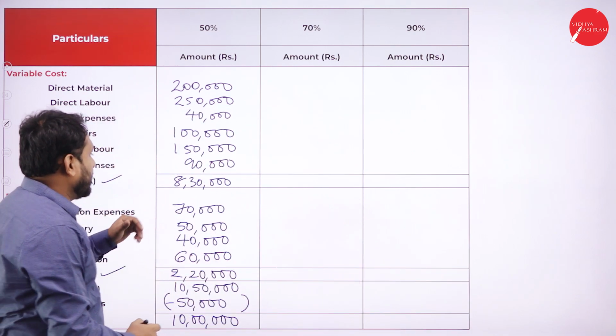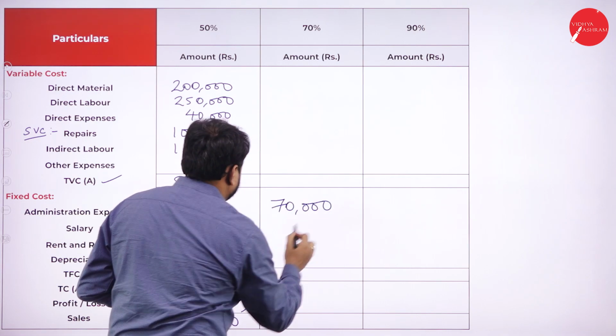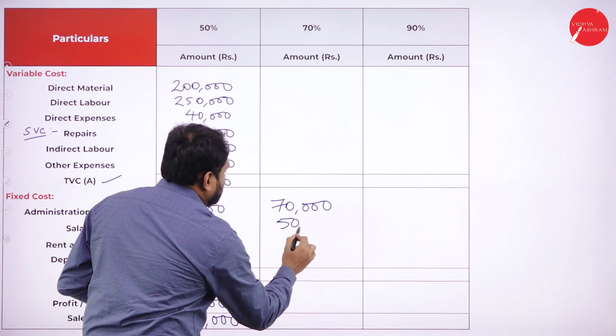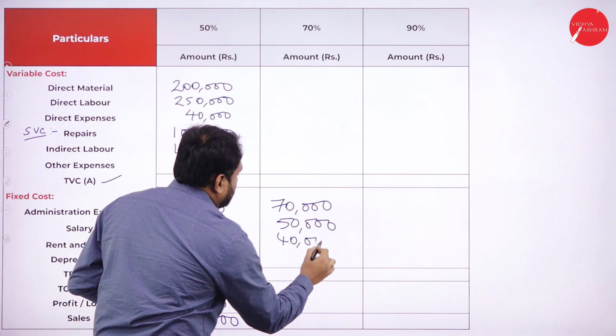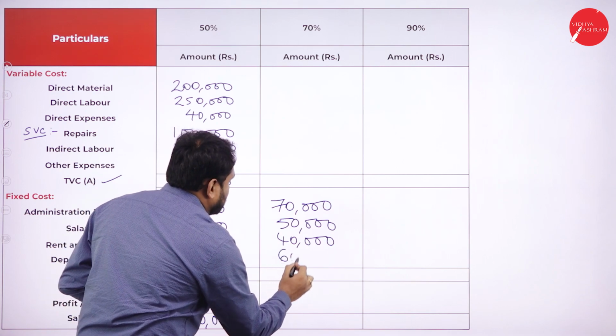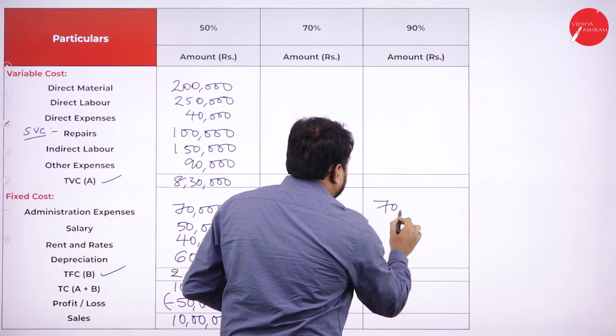That means here again we will write 70,000, then 50,000, we have 40,000 and the last one is 60,000.